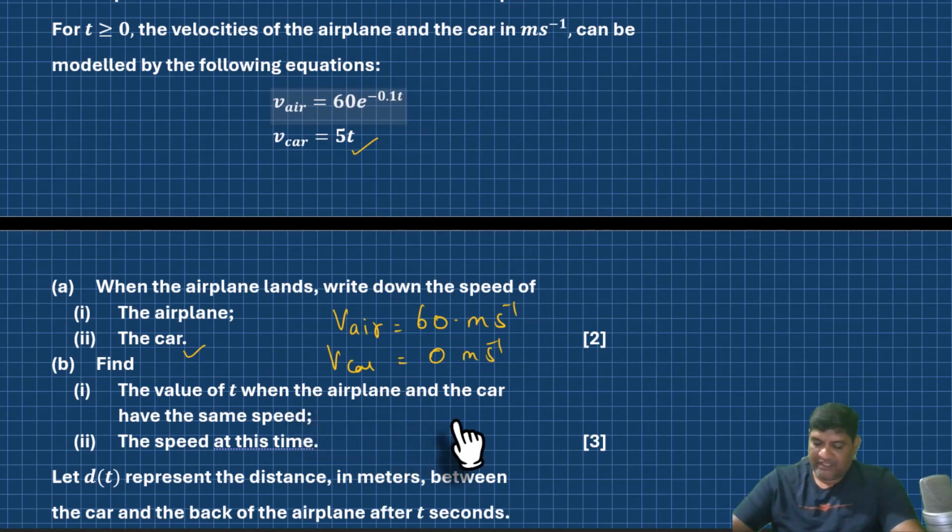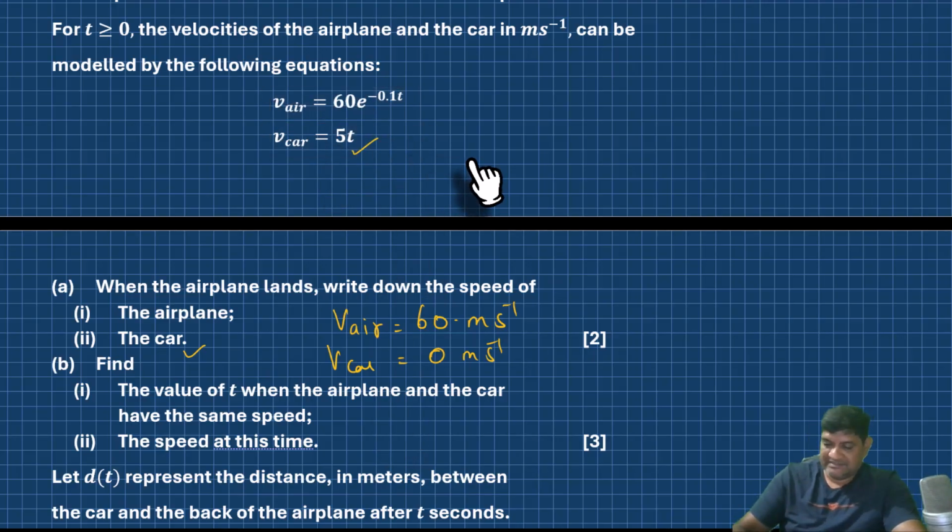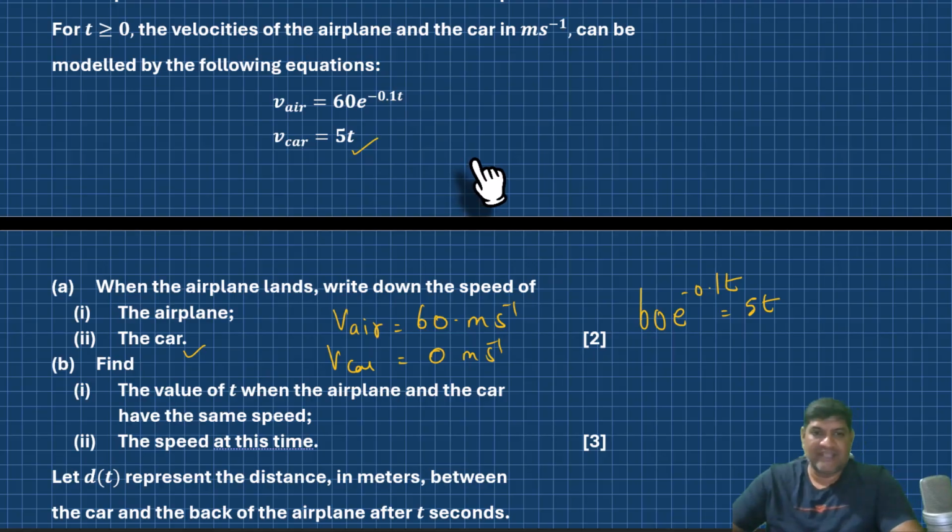Next, the value of t when the aeroplane and the car have the same speed. So what does it mean when the vehicles have the same speed? It simply means that the velocity equations are going to be equated, which means I can say 60 e to the power of minus 0.1t should be equal to 5t. We will use the calculator to solve this.